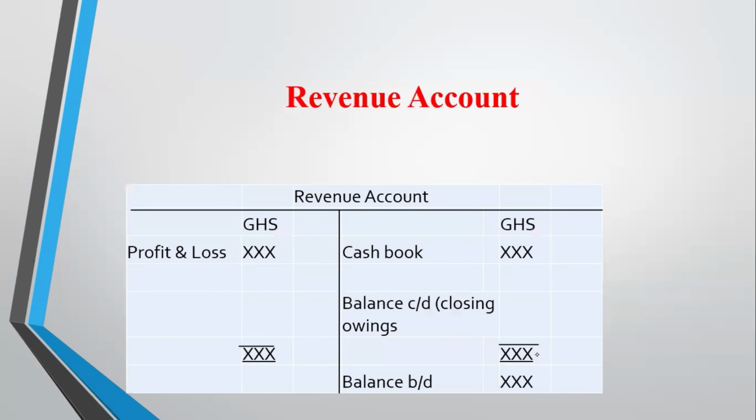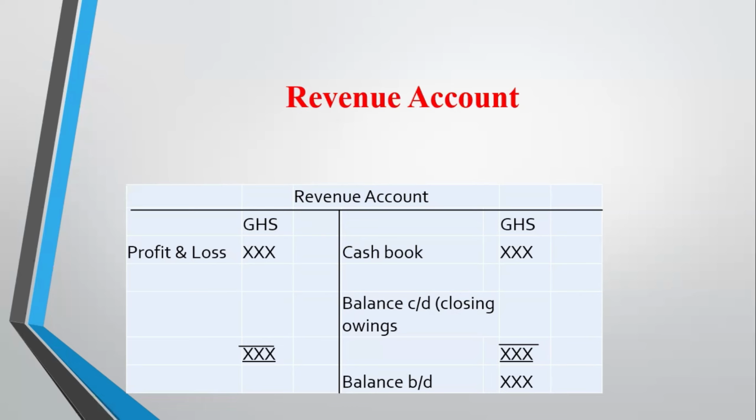Let's look at how the account will look when it is an accrued income. So again, we credit our cash book because that revenue is given and the cash book will be receiving. And since we are owed, we need to add back. So always we add owings back. We add to the one we've received, and the total will go to the profit or loss account.